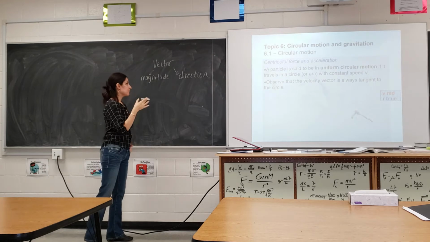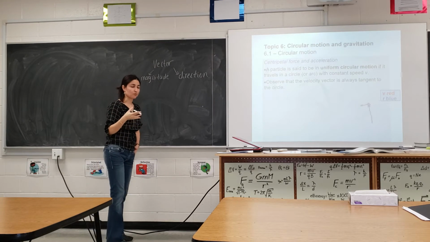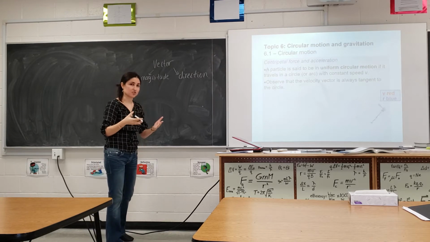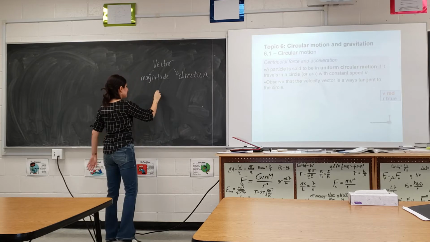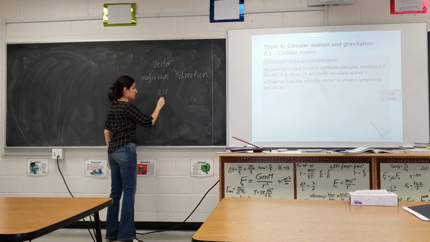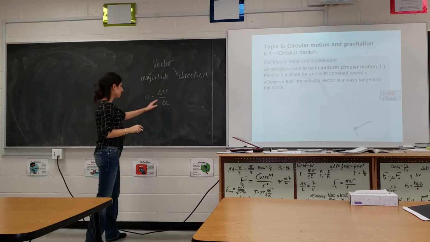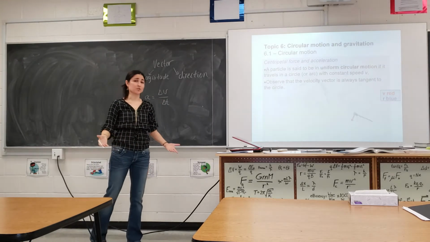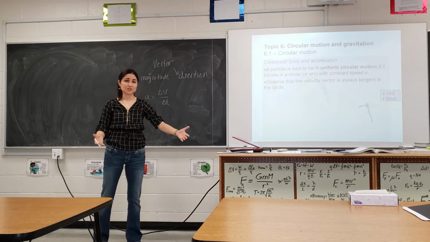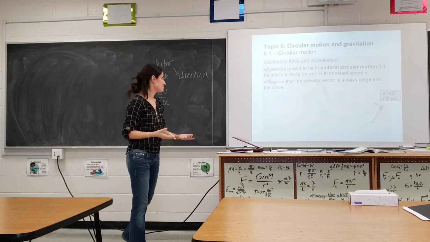Now, for velocity, we know that when velocity changes with respect to time, you have acceleration. Right? Delta V over delta T. Time is going to elapse anyways. If your velocity changes, that means you're accelerating.